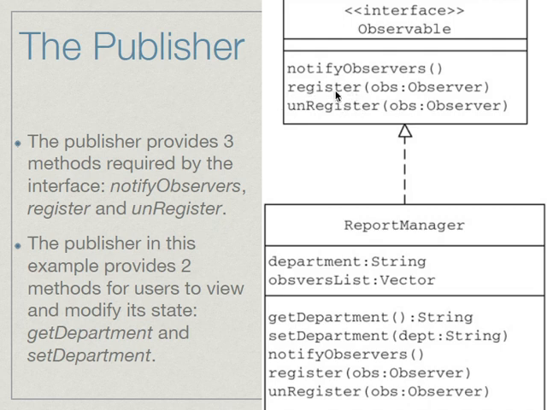The publisher has register. The usage of this is for the observer, the subscriber, to call. So if I want the stock price, I would call register of the publisher.